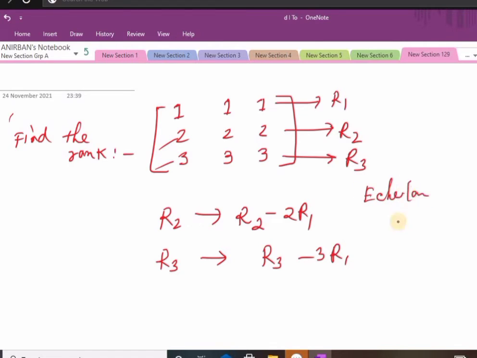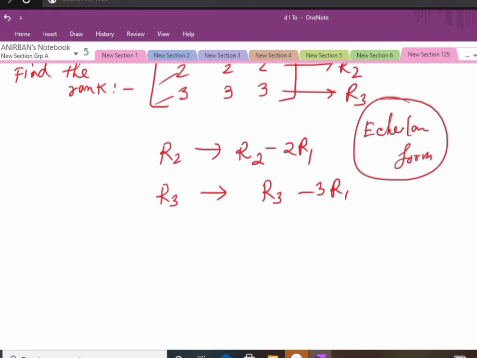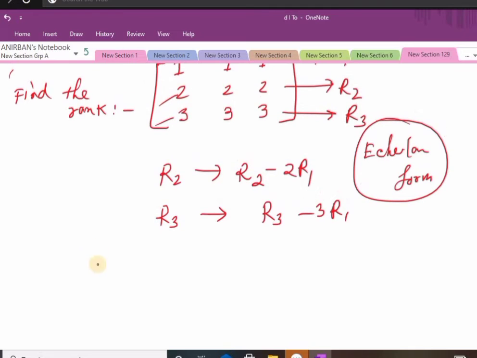This is the pronunciation I am using, though there are many pronunciations. So you have 1 1 1, 0 0 0 and 0 0 0.